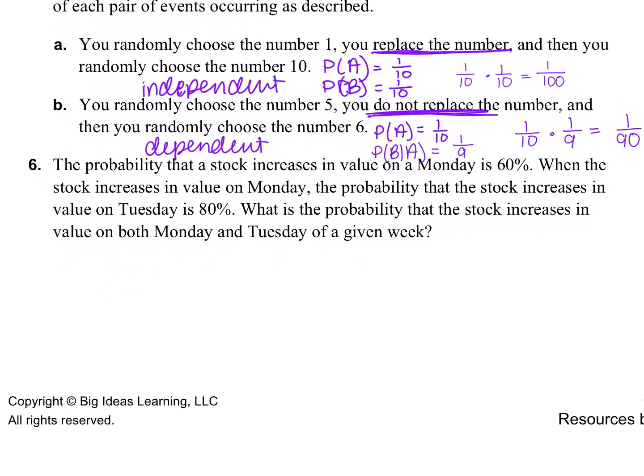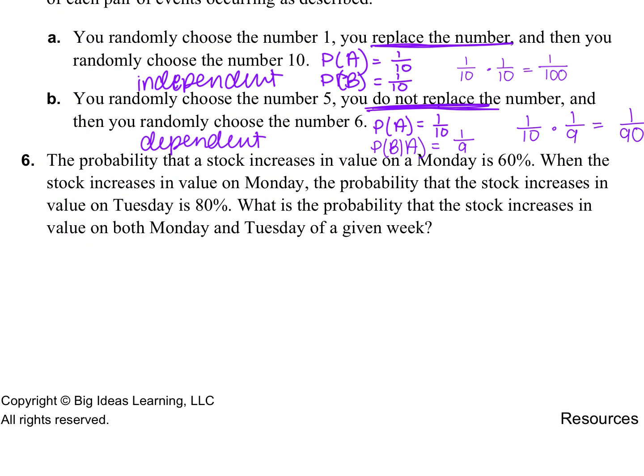Looking at the last question, it says the probability that a stock increases in value on Monday is 60%. When the stock increases in value on Monday, the probability that the stock increases in value on Tuesday is 80%. What is the probability that the stock increases in value on both Monday and Tuesday of a given week? So I set it up as 60 over 100 times 80 over 100.